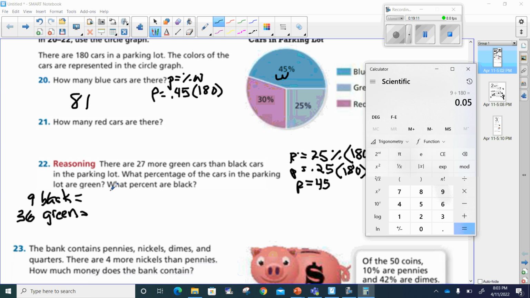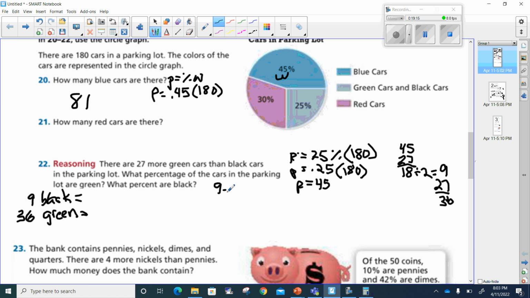This time we have the part, so 9 is equal to 180 times P. 180 is the whole. We're trying to find the percent. So everyone see we're going to have to divide by 180, which means we're going to have to divide 9 by 180. Does everyone see how I got that?